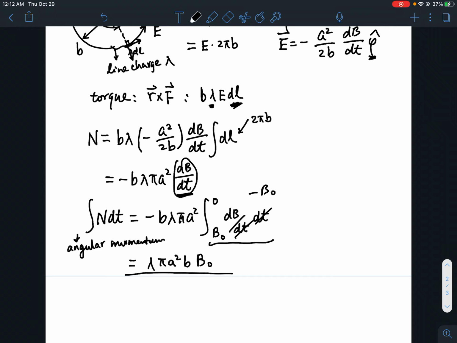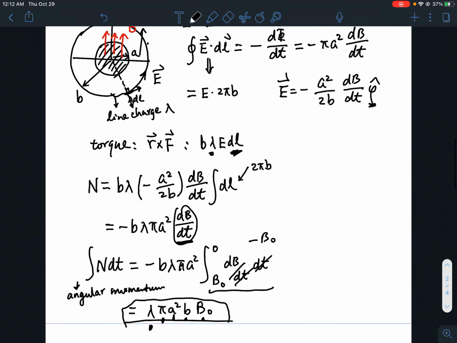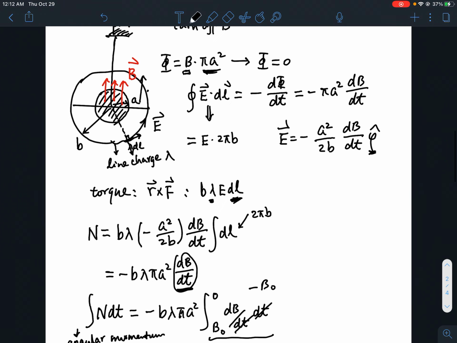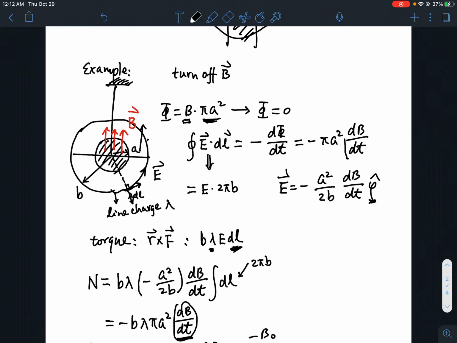You can also see from here that lambda is fixed, pi is constant, and a, b and B0 are all constants. So you can see that it doesn't depend on the rate of change, dB over dt.